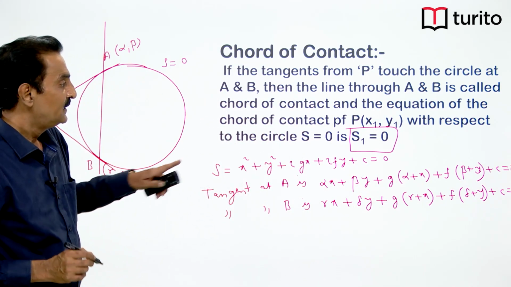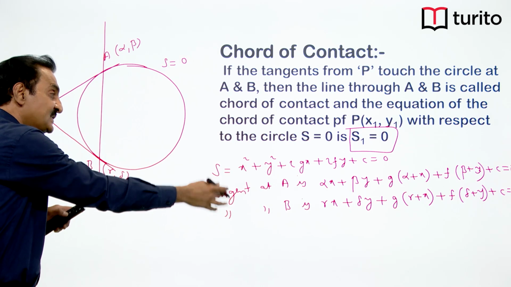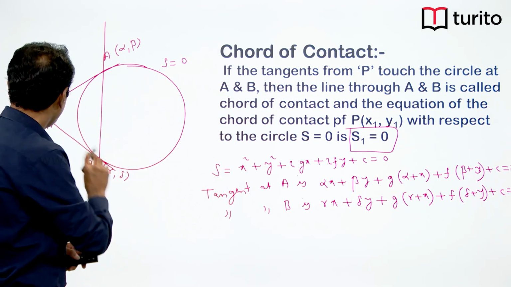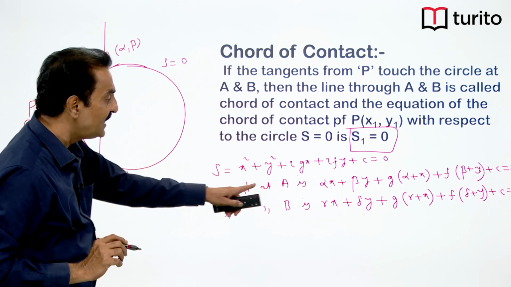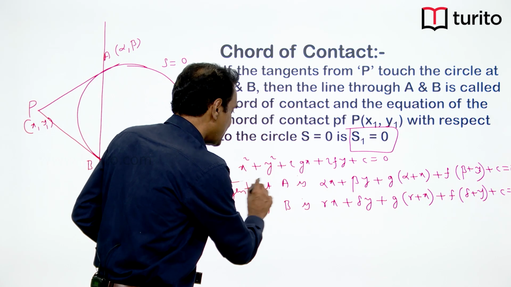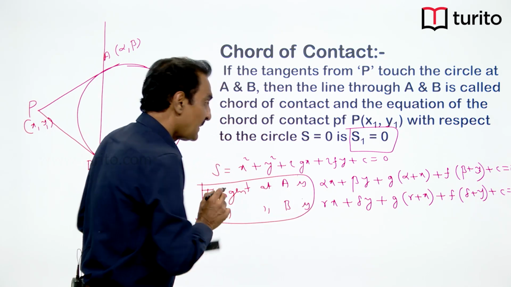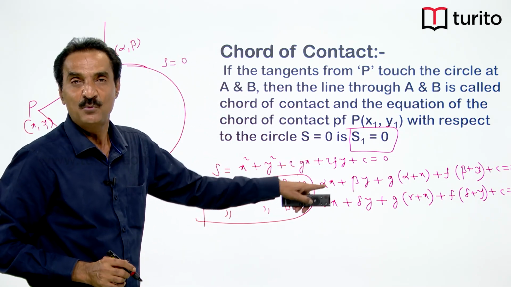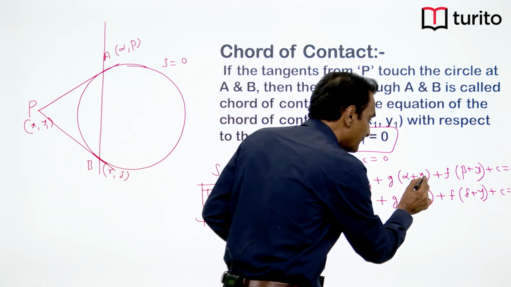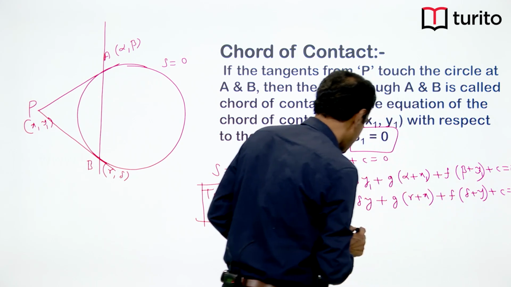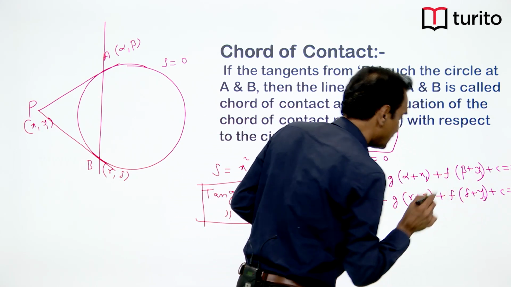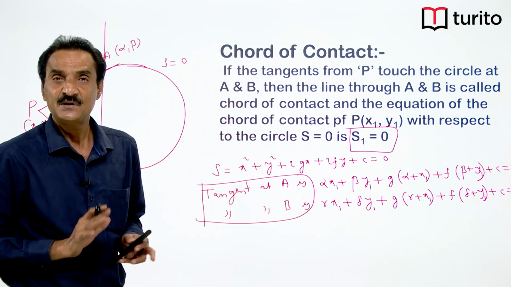Right. Now both these lines intersect at P x1 y1. So we can substitute P x1 y1 in both the equations. Substituting x1 y1 in both the equations, we will get the first equation like this, second equation like this. These two are the conditions.